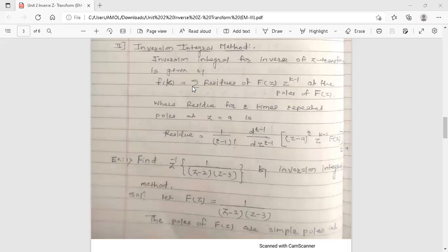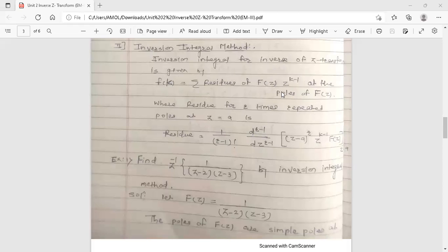The inverse Z transform is nothing but the addition of all the residues of F of z into z raised to k minus 1 at the poles of F of z. F of z will be given in the example. You multiply that term by z raised to k minus 1, and then find the residues at the poles of F of z.